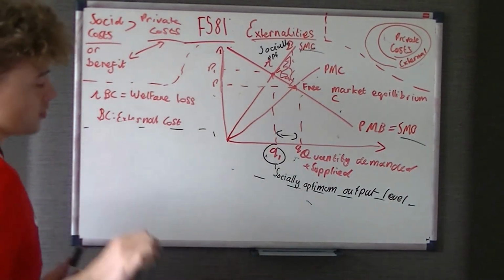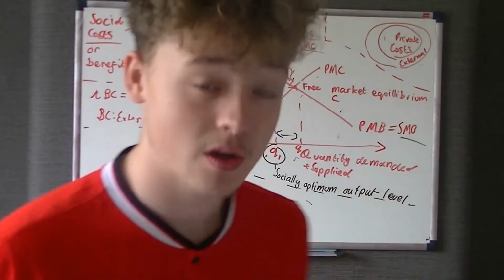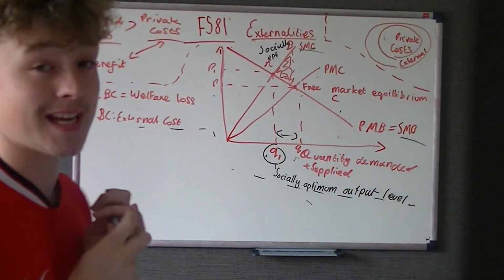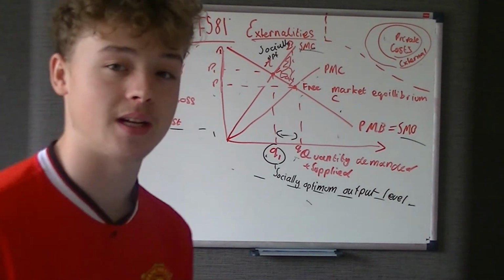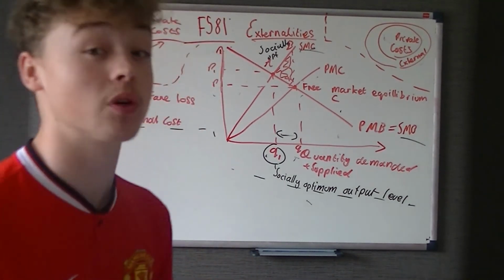Just another thing before I go on. You need to know that a demerit good is exactly the same as a negative externality, because we are unaware of how bad the good actually is.